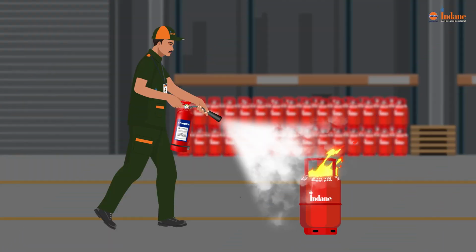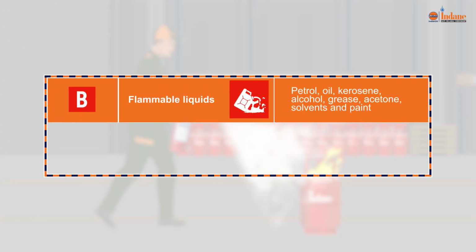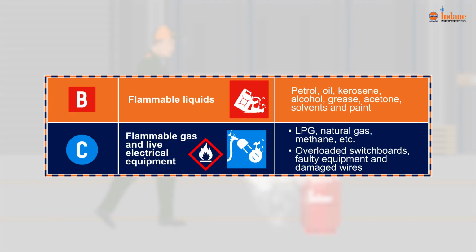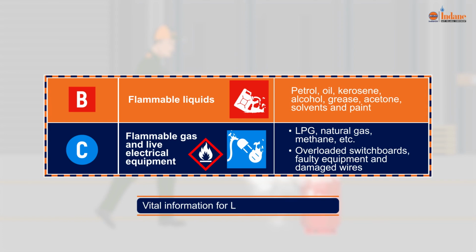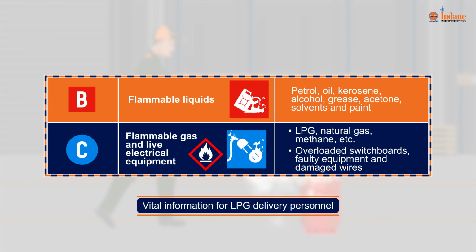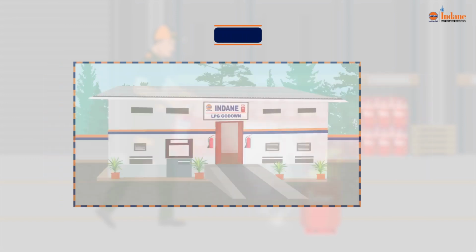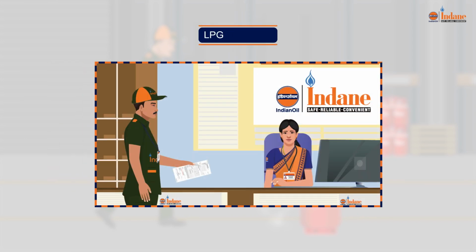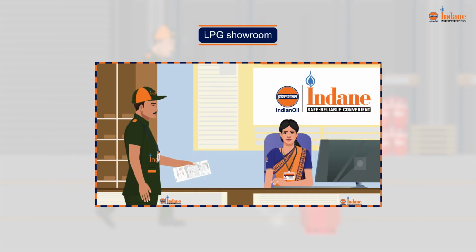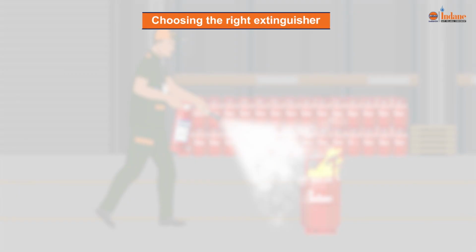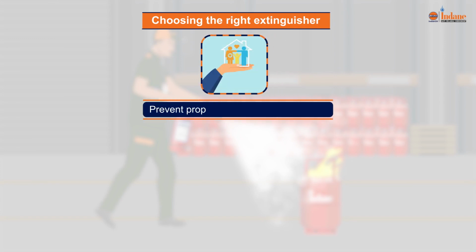Out of these categories, Class B and C fire types are considered vital information for LPG delivery personnel. This is because a fire outburst from these 2 categories can happen at an LPG godown, an LPG showroom, or even at customer premises. Next, choosing the right extinguisher for the right setup can prevent property damage and save lives.